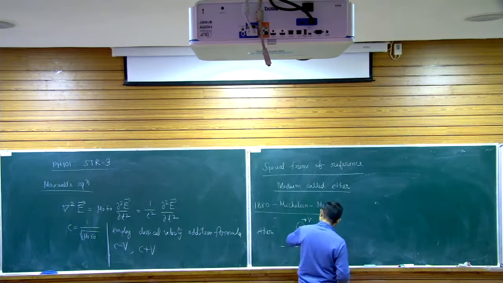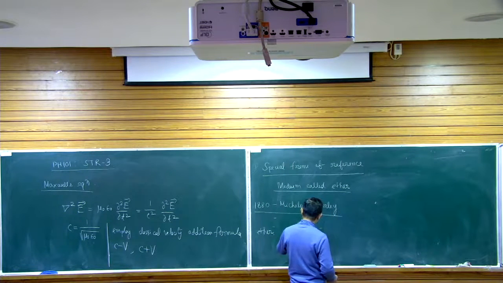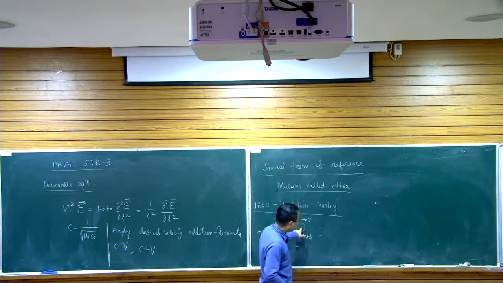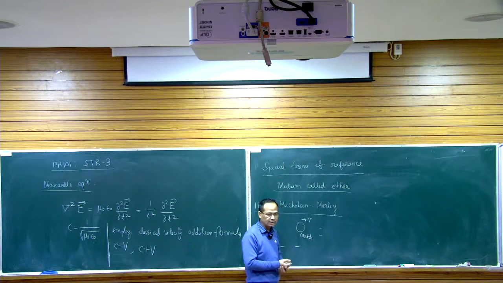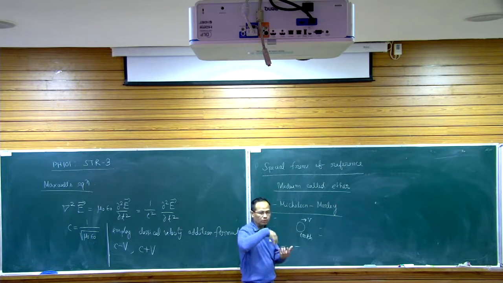So they considered that Earth is moving with a constant velocity. Now we know that Earth is having an orbital motion around the sun, and also it is having a rotational motion about its own axis. But this rotational motion, the spin about its own axis, is so slow.